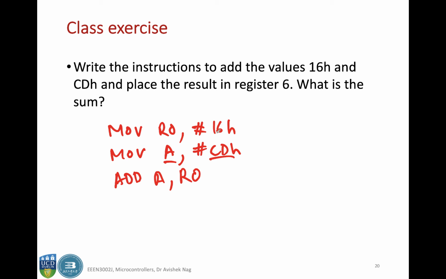You are just adding this number which is in R0 by writing this, and then after this line your accumulator A will basically have A plus R0, or basically CDH plus 16H. Okay, so A will contain this addition, whatever it is.